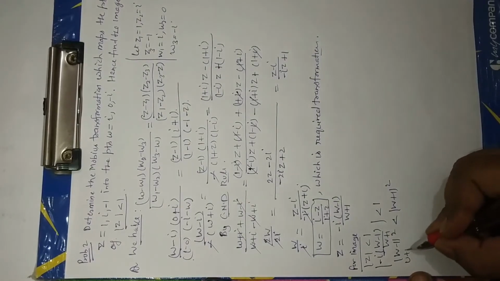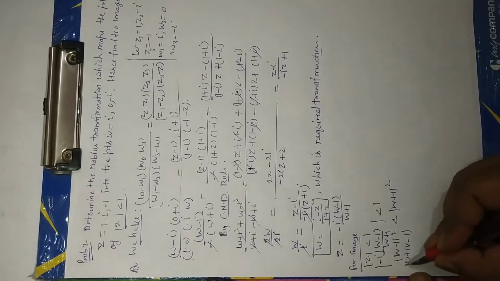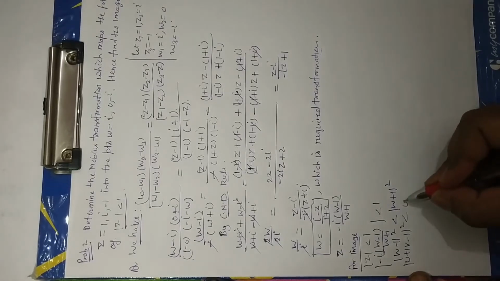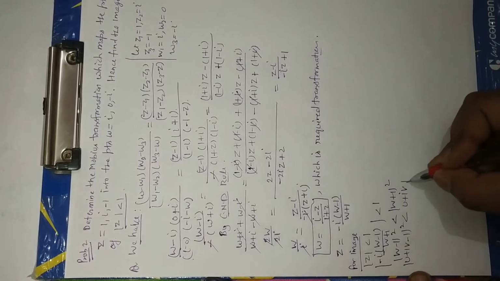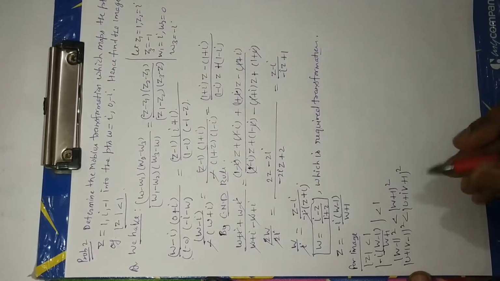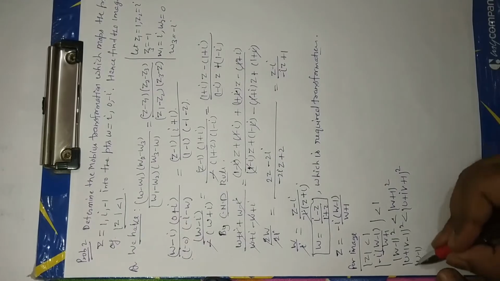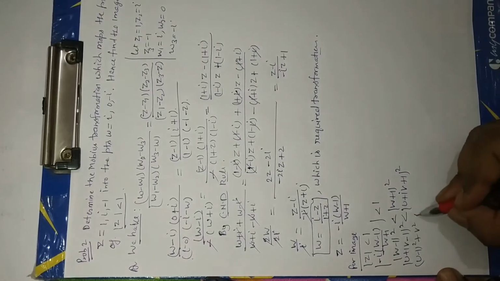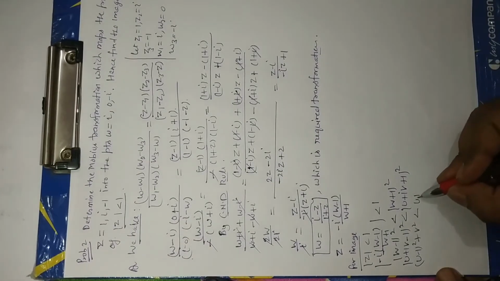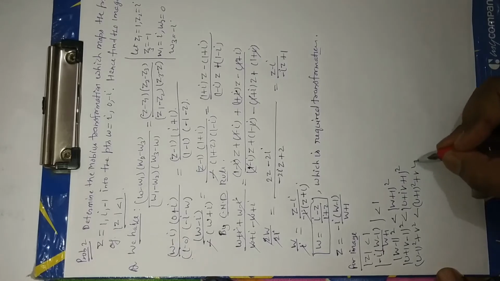Now |u plus iv minus 1| squared less than |u plus iv plus 1| squared, that is (u minus 1) whole squared plus v squared less than (u plus 1) whole squared plus v squared.